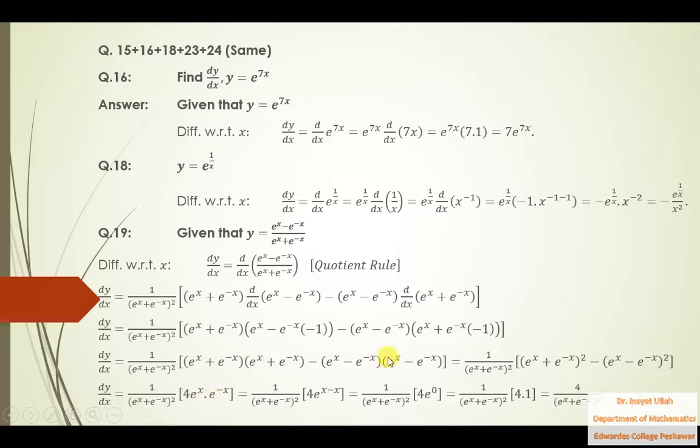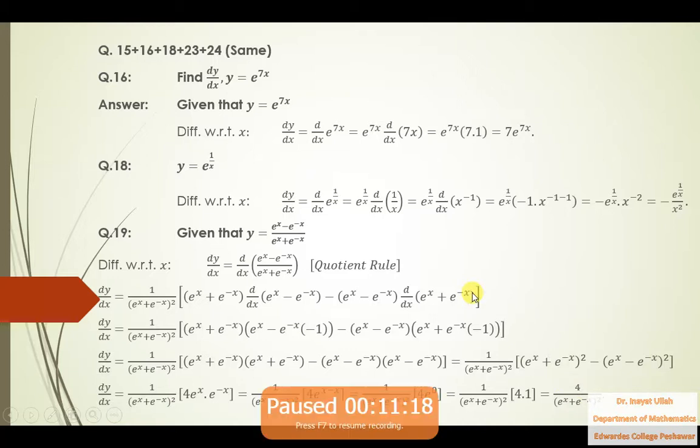If you forget this formula, just expand a plus b whole square and a minus b whole square, and simplifying you will get 4 into e power x into e power minus x. Now the bases of these two are the same, so the powers will be added, and e power x minus x is e power 0, e power 0 is 1, and 4 multiplied by 1 is 4. So that is the answer of this question.